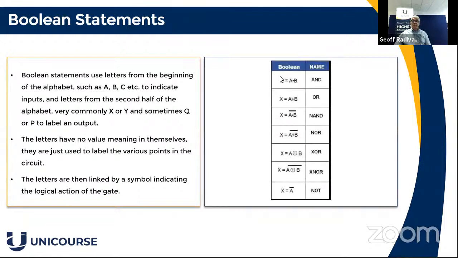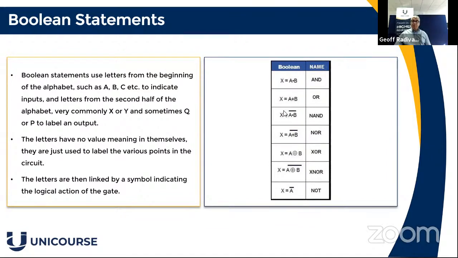So here, let's look at it from the Boolean algebra, and let's see how they equate. We can see here we've got X is equal to A and B, with the dot there. X for the OR gate is A, and the little plus sign, which is OR.